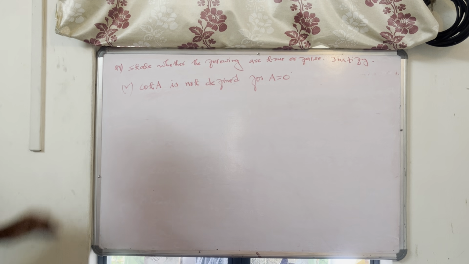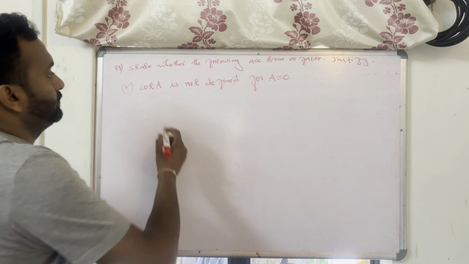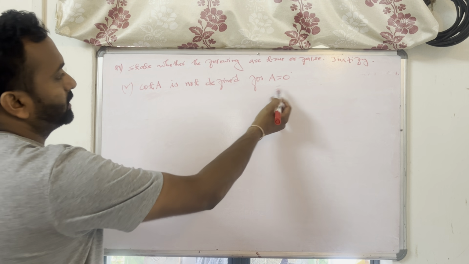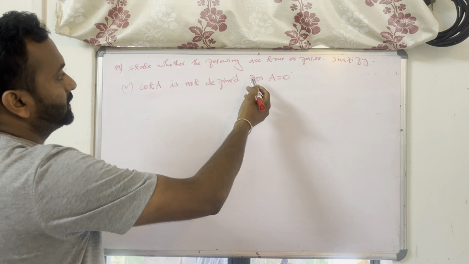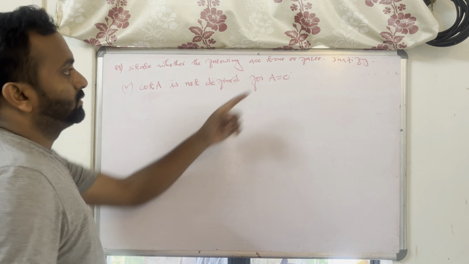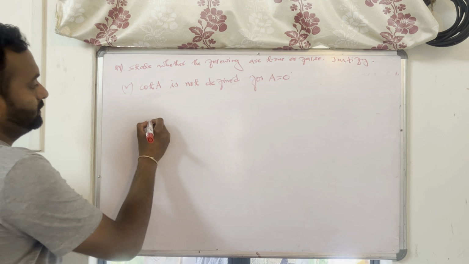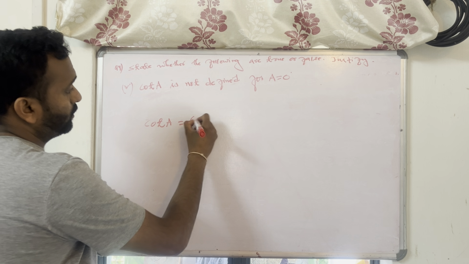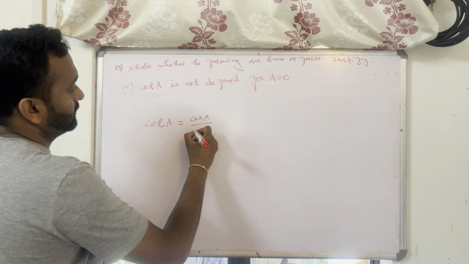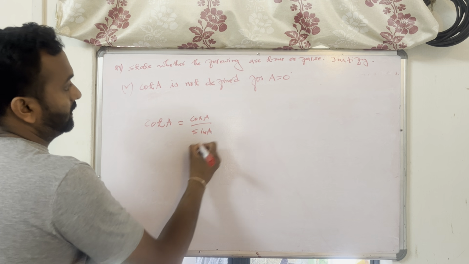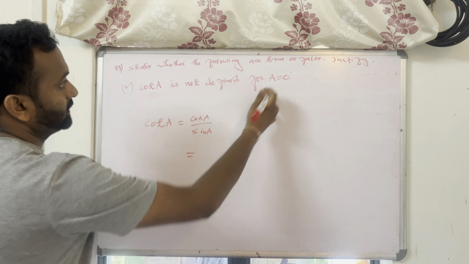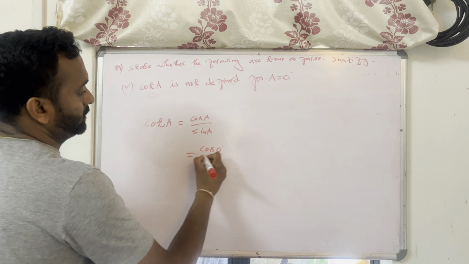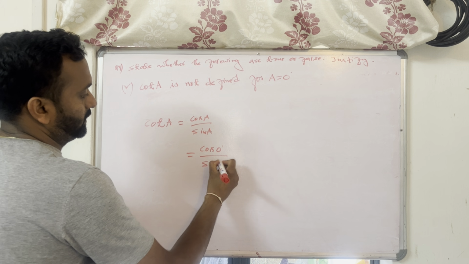Now we'll be doing question number 4 part 5. Here we have to show that cot A is not defined for A equal to 0. This is basically true or false, and we have to justify it. We know cot A is cos A divided by sin A, and when A is 0, it will be cos 0 degrees over sin 0 degrees.